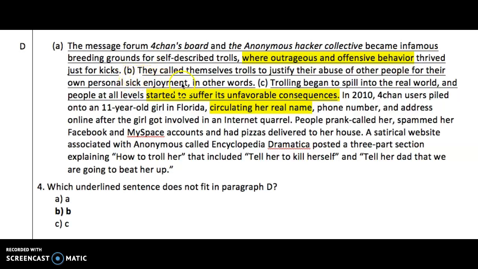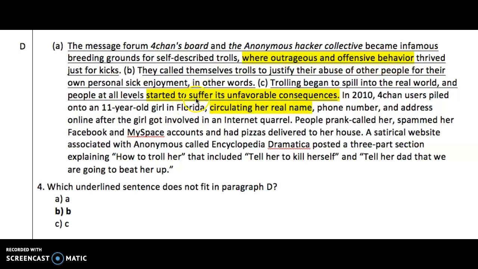Sentence B talks about these trolls, which seems fine, but if you look at sentence C, you read the idea that people at all levels started to suffer its unfavorable consequences. So here we have its, which is a possessive pronoun, and it refers to behavior.